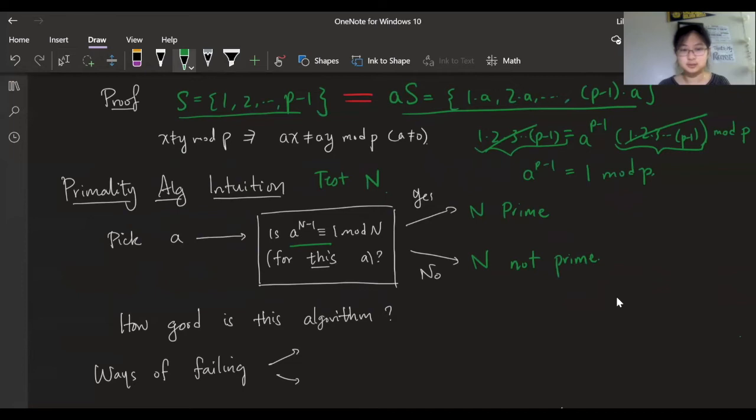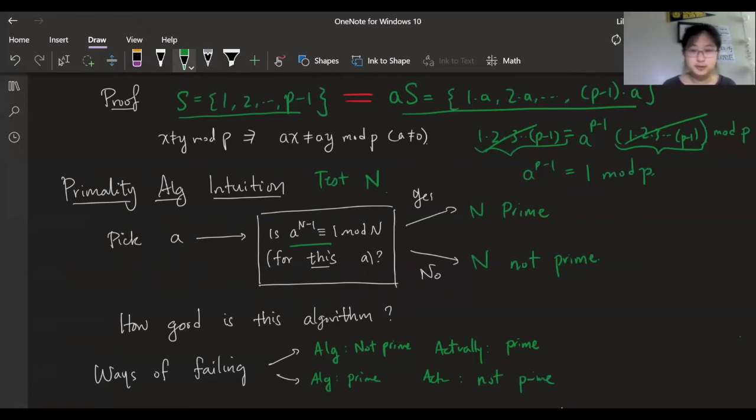So way number one is the algorithm says not prime, but it's actually prime. And the other way is symmetric to this, where the algorithm tells us it's prime and it's actually not prime. Let's look at each of these cases separately.